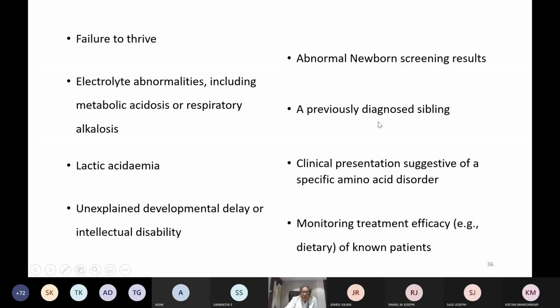It can also be done for a child whose elder brother or sister has the same problem, with an apprehension that it may be hereditary. In these children also, this chromatography test can be done to rule out any such disease. And lastly, for monitoring the treatment of a known patient, this chromatography technique is also applicable.